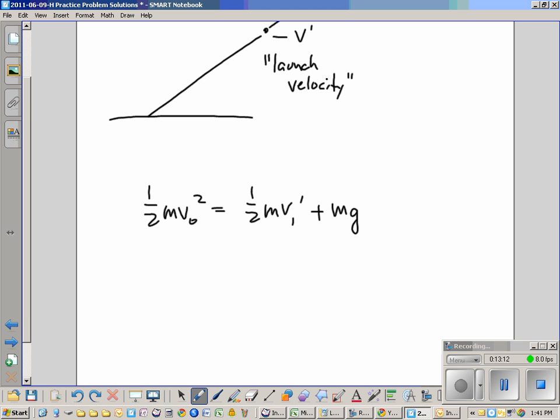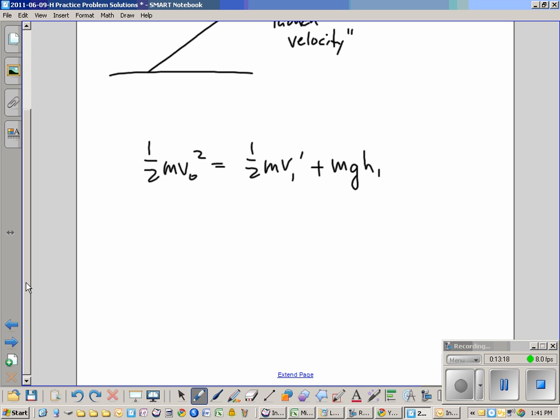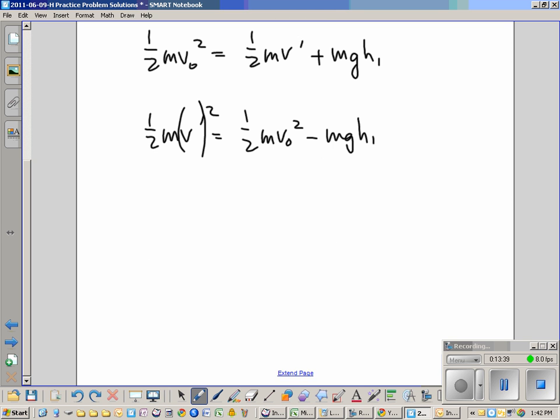So now v prime is what we're solving for. 1/2 m v prime squared is equal to 1/2 m v naught squared minus mg h1.